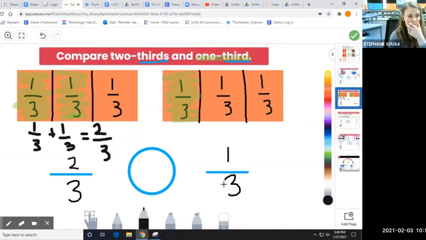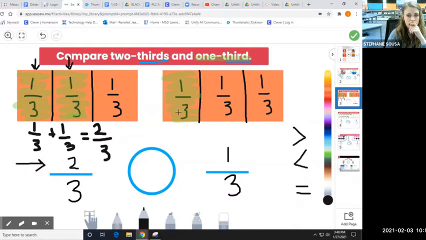Now comes the job where we compare using greater than, less than, or equal to by looking at the models. I notice that on the left side of my screen, I have 2 parts that are counted or shaded. I also know that because my numerator tells me how many parts I'm counting.